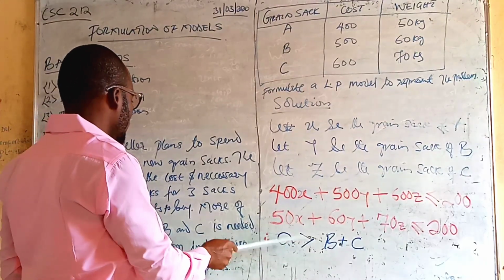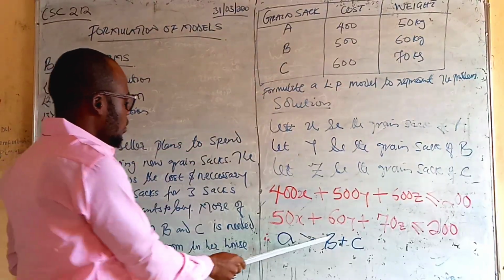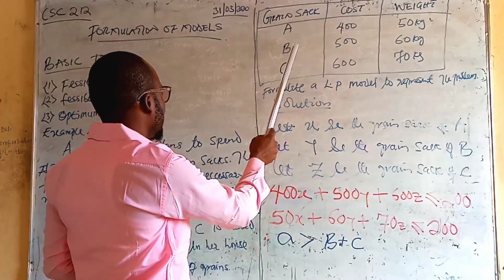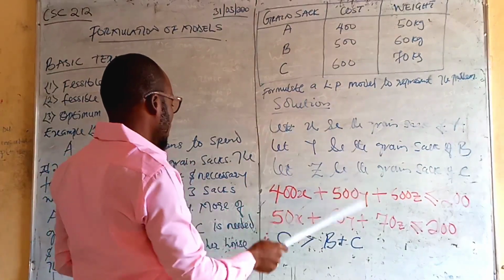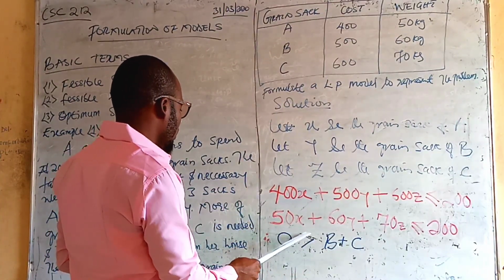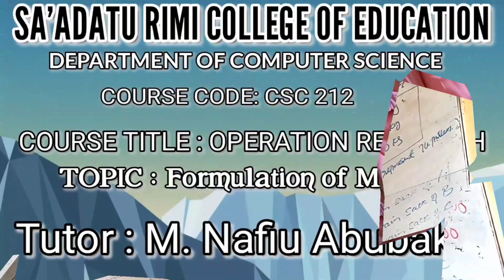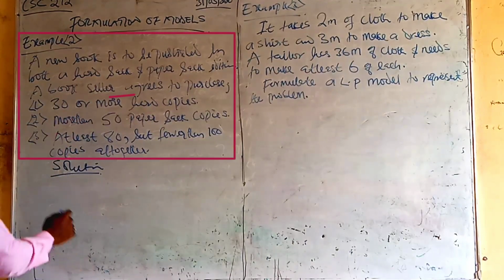So A represents the entire number of sacks. So B plus C, that is the grain of the sacks, if we merge them together, A must be greater than B plus C.